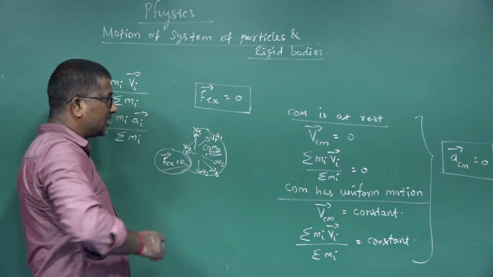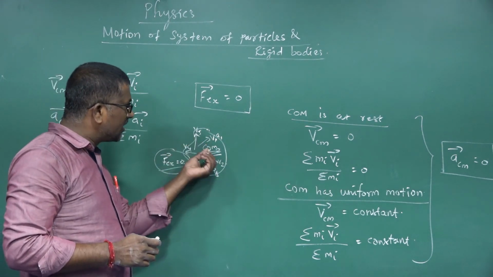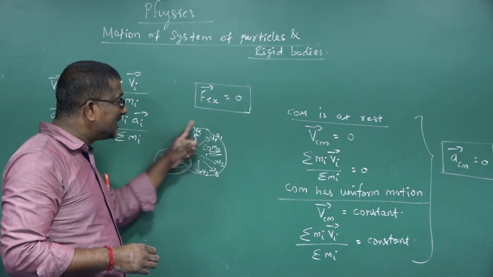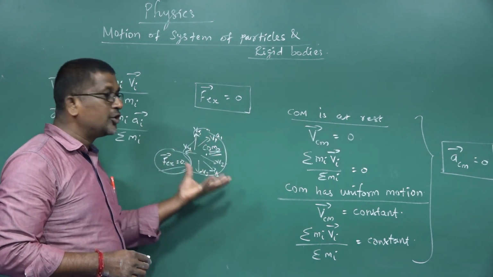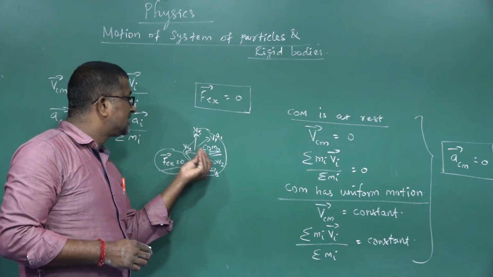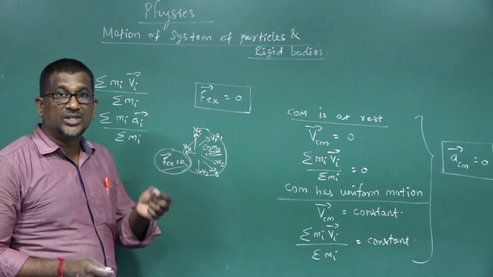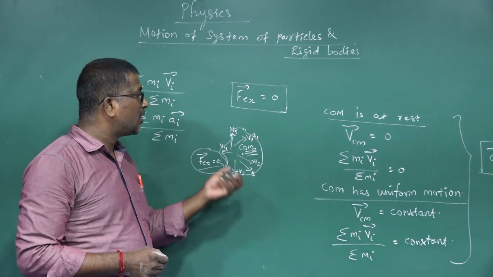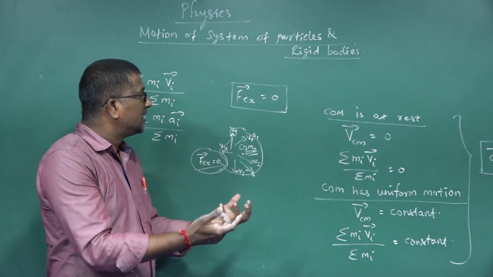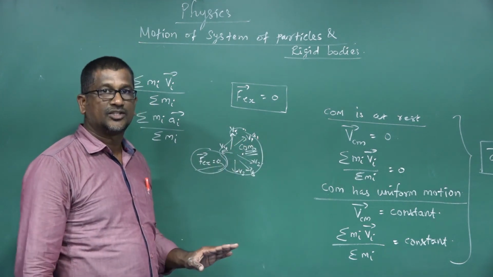So the particles have definite velocity and acceleration inside the rigid body. Those velocities and accelerations are due to the internal forces existing within the rigid body. So due to the internal forces, the particles in the rigid body move with their respective velocity and acceleration.